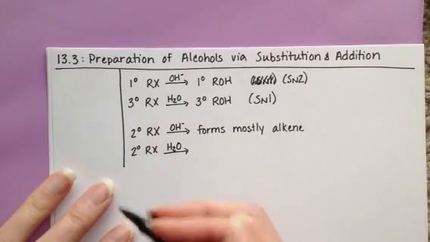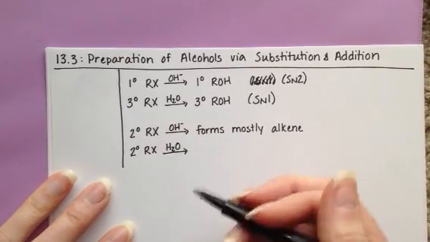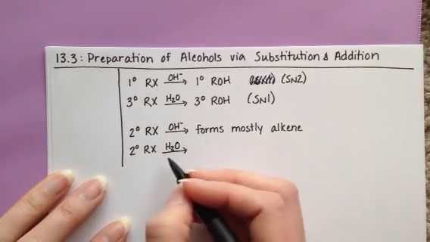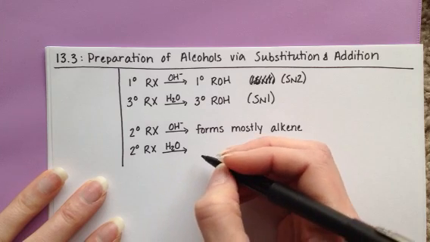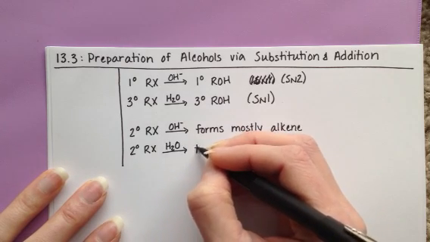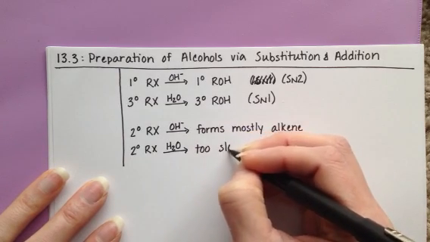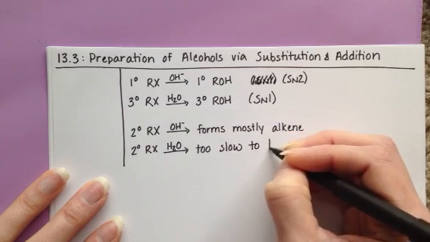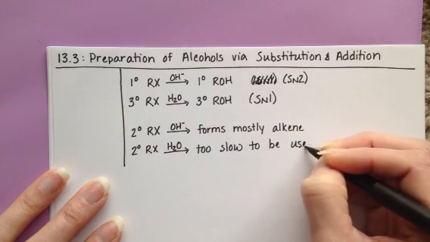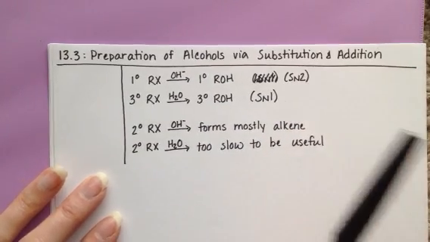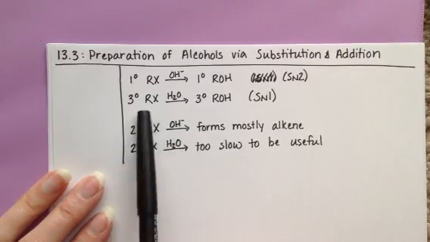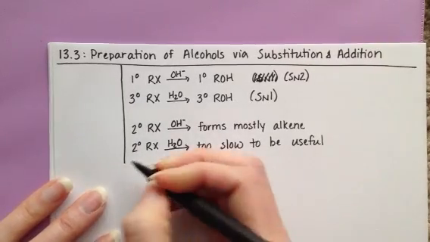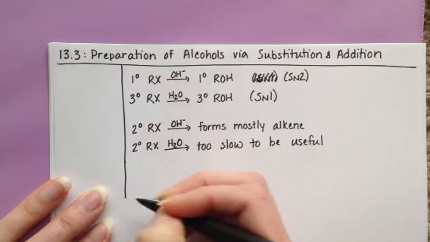And even though secondary carbocations are stable, sort of, they're not stable enough for this reaction to proceed at any reasonable rate. So this reaction is really slow. This process of converting alkyl halides to alcohols really only works for primary and tertiary. Thankfully, we have lots of other ways to make alcohols.